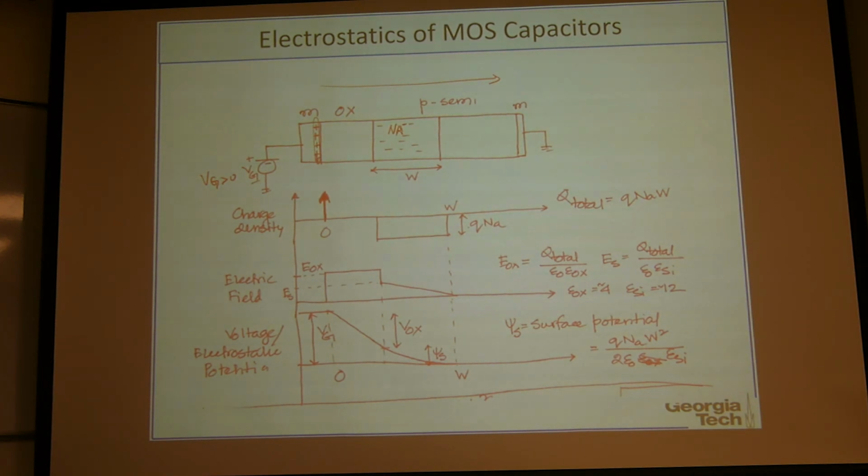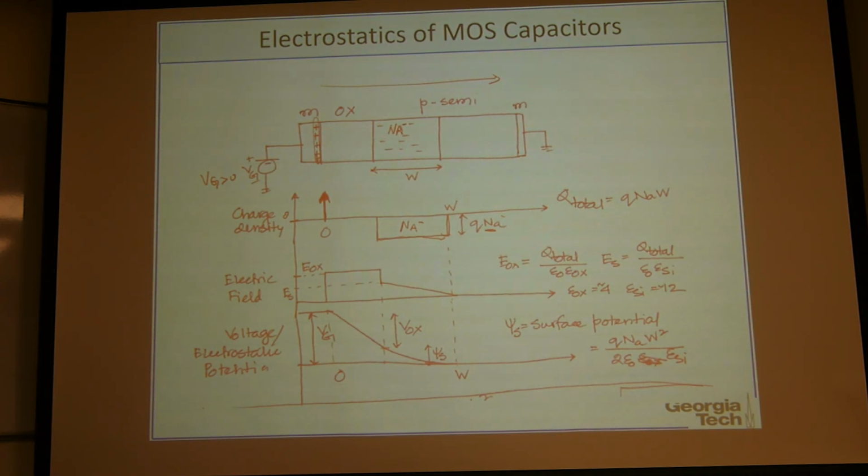The density of the dopant is Na, and it's minus. So that's why we draw the charge density negative. Here, if this is 0, then this is negative Na minus. And then let's multiply by Q, that is the charge quantity, constant. So it's QNa, that is the negative charge.